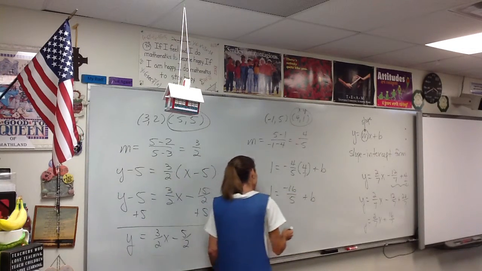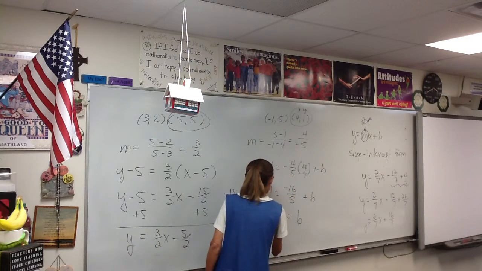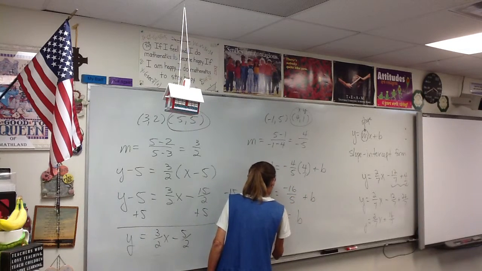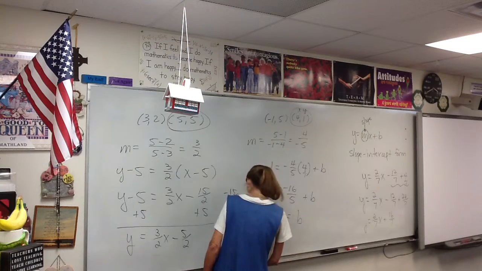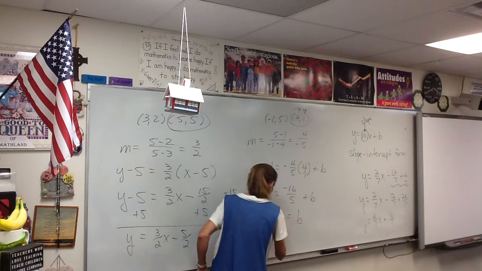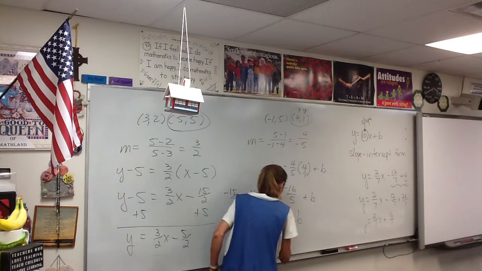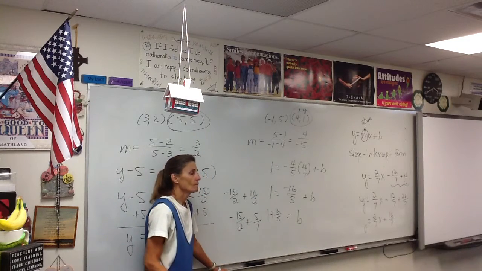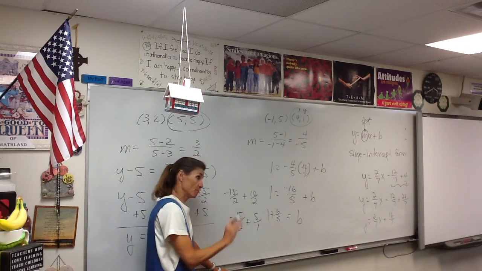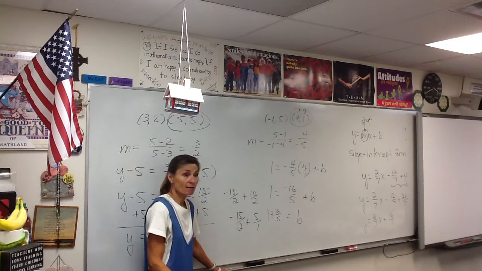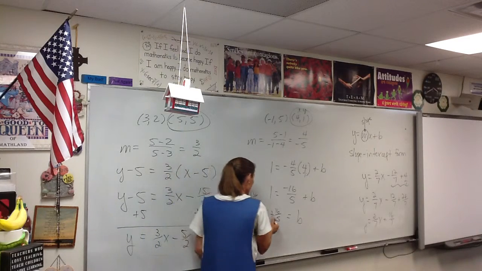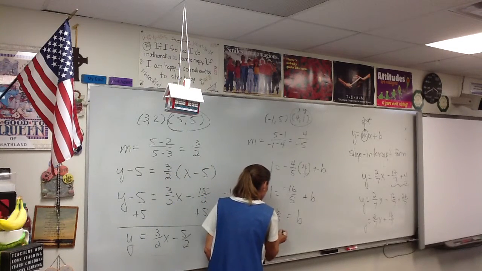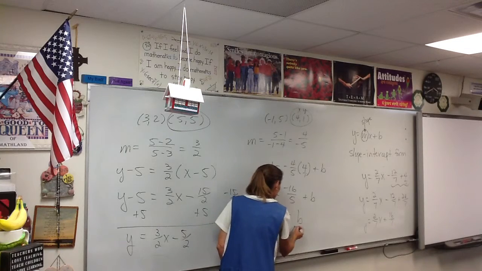I gotta add 16/5 to the other side. Now, I'm either gonna add it on my calculator and use the math frac button, or I'm gonna recognize that's 5/5 plus 16/5.